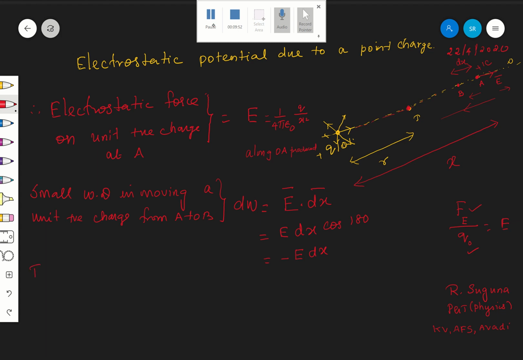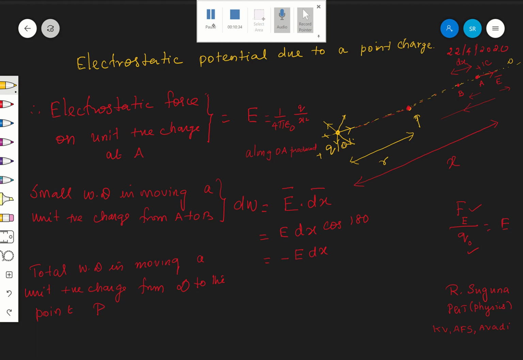Therefore, total work done. What do I want? The work done in moving a unit positive charge from infinity to P. P is at a distance R. Therefore, the total work done in moving a unit positive charge from infinity to the point P. Is it clear?